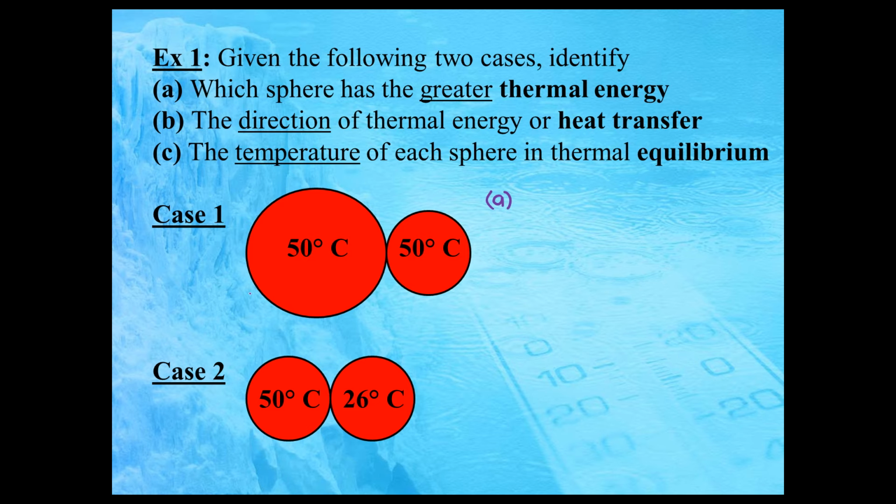Let's call this one sphere A. We'll call this one sphere B. And again, thermal energy depends on 2 things: the number of particles that make up the substance, and temperature. Those are my 2 factors.